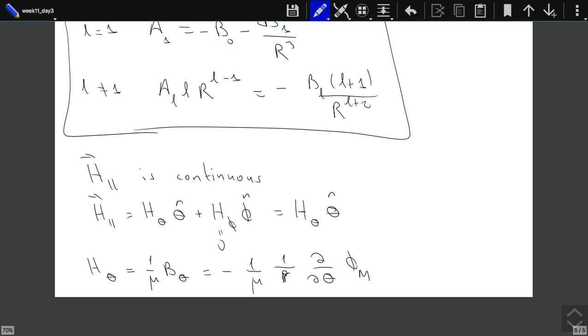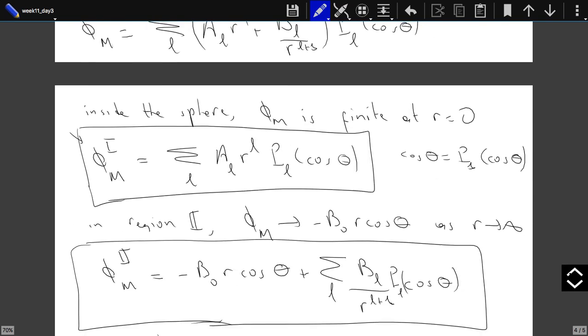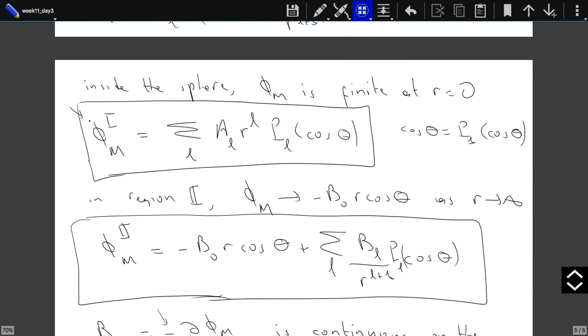So if I take the derivative with respect to theta of our potentials, it should be continuous across our boundary. And keep in mind that mu is 1 outside my sphere. It has the value mu inside my sphere. So let's pick up our potentials. So these were our potentials. This is phi 1.